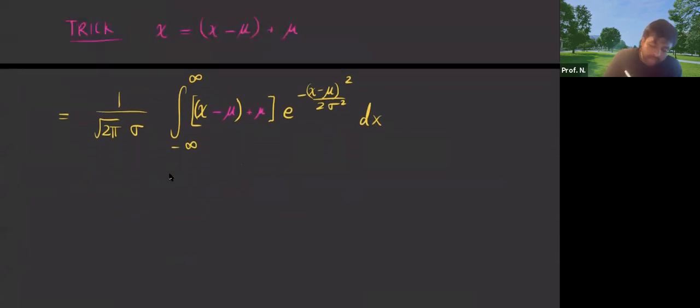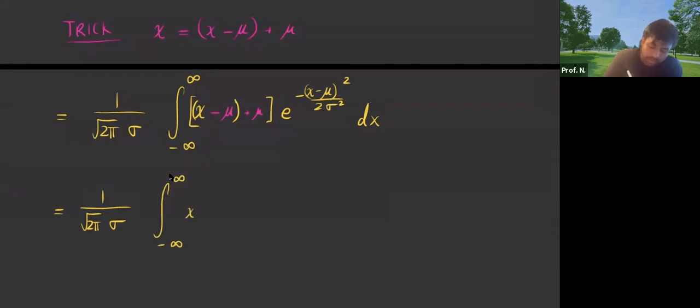Now when I distribute this, I can create two separate integrals, okay? Not double integrals, just two separate integrals. So try to follow along here, and we'll get out of this derivation world a bit, hopefully sooner than later. So this will be e to the negative x minus mu squared over 2 sigma squared dx.